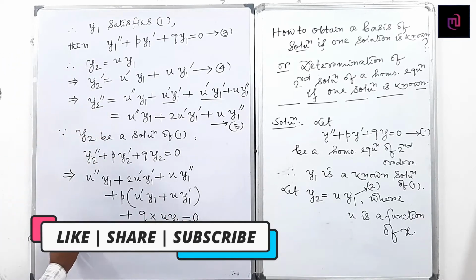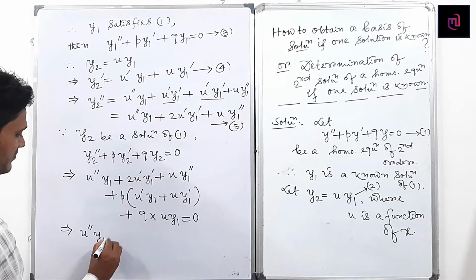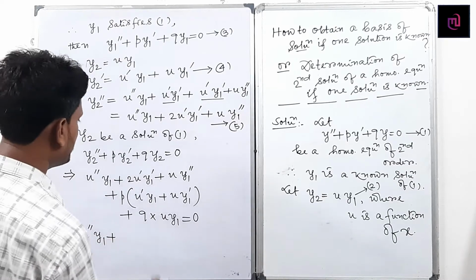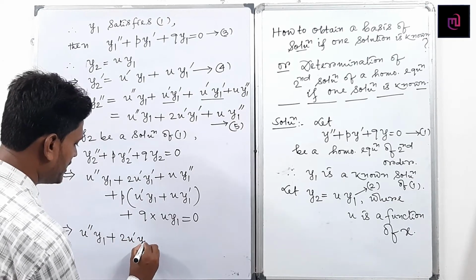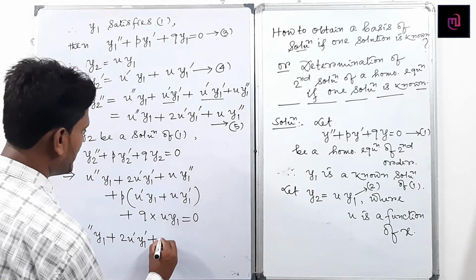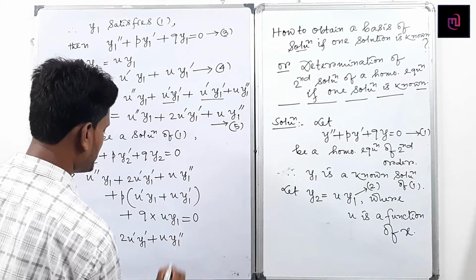So this becomes u double dash y1 plus 2u dash y1 dash plus u into y1 double dash.